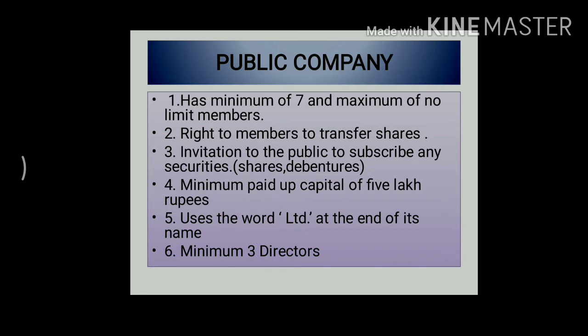It can be anything. Minimum paid up capital is 5 lakh. If you want to identify, just when you see the name of it, at the end of it, you will find the word limited written. And the minimum directors that will be appointed will be 3 directors.